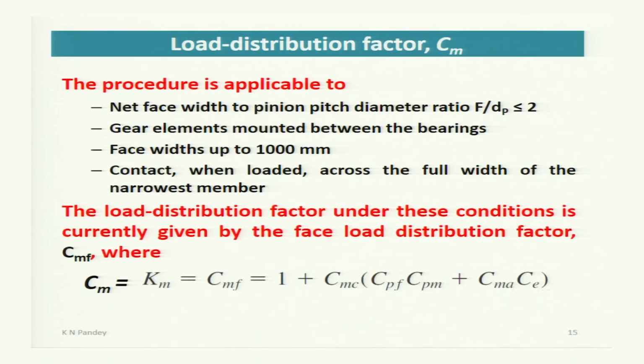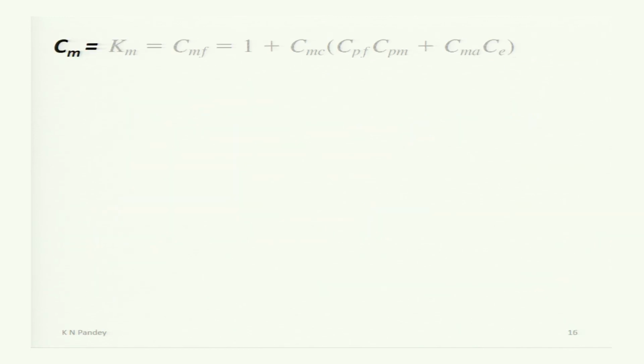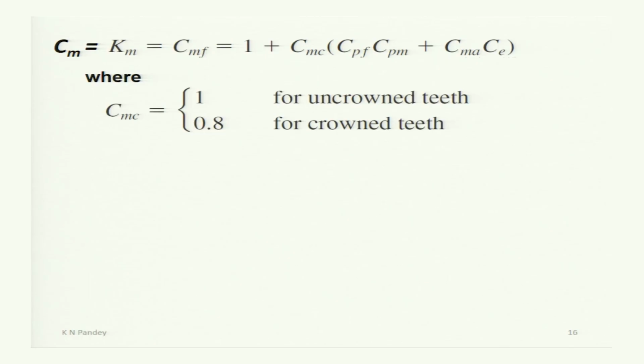The Cm is obtained from this formula, and there are formulas to get the values of Cmc, Cpf, Cpm, Cma and Ce, which are given in the coming slides. This Cmc is obtained in this way for uncrowned teeth and crowned teeth.